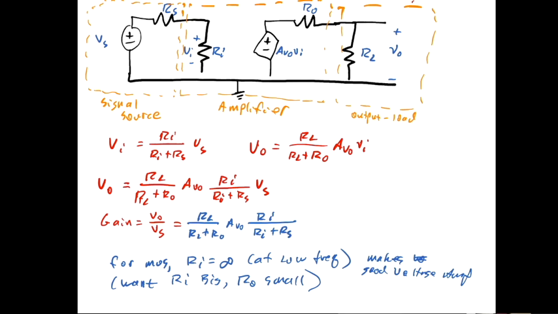So this thing here, AV naught, or the open circuit voltage gain, is the amplifier without a signal source, so without this, and without a load, with the load being infinite, then we can find AV naught.